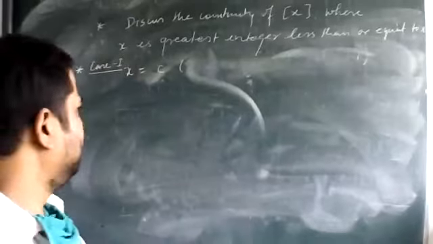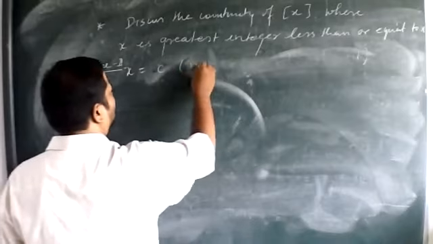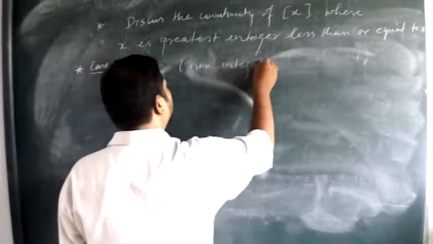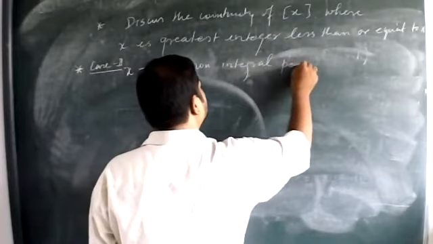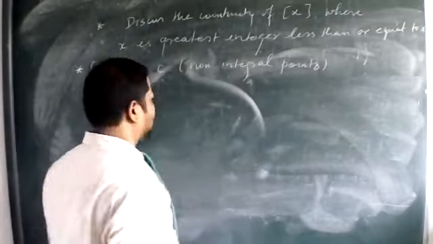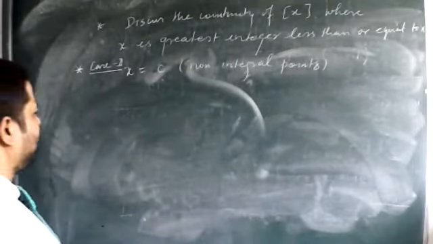Okay, this is the non-integral point. Non-integral point, that is non-integral. C क्या है? Non-integer. यानी इंटीजर को छोड़ के कोई भी नंबर.